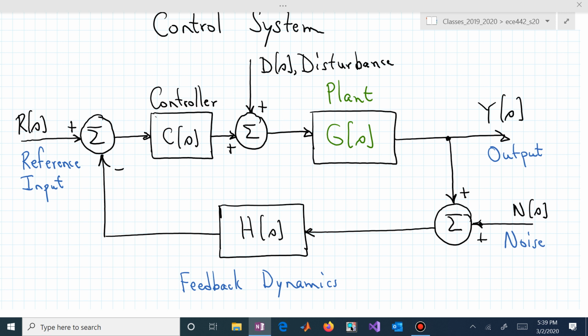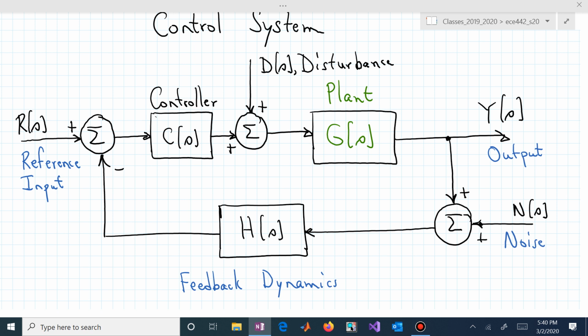Or maybe you have noise in the system that's added to your output sensor variable that you're measuring. This now gives you the overall block diagram description of a plant that's controlled, and a lot of times we simply assume that the feedback dynamics is unity.